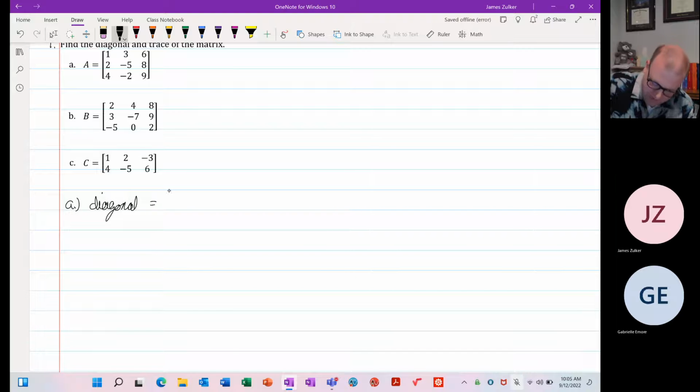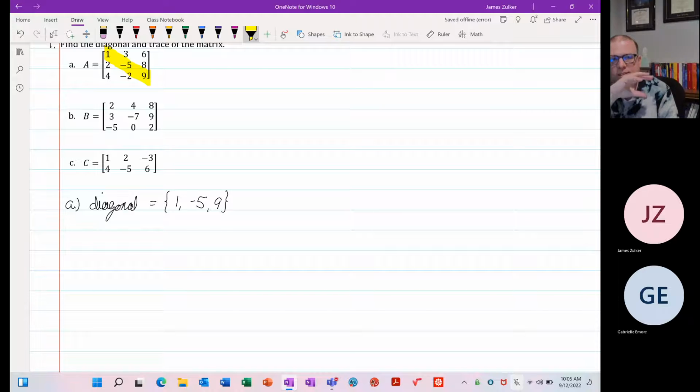So the diagonal of A is the set 1, -5, and 9. It's just these elements right here, and they're said to form the main diagonal.